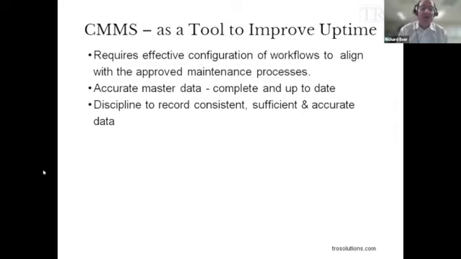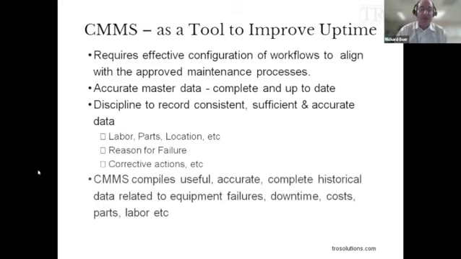And you need to have the discipline to record consistent, sufficient and accurate data in terms of labor, parts, location, reasons for failure, corrective action. So are you able, on a disciplined basis, to record all your part transactions?